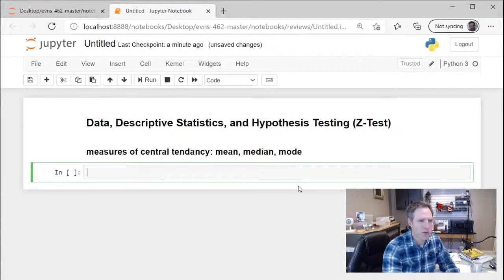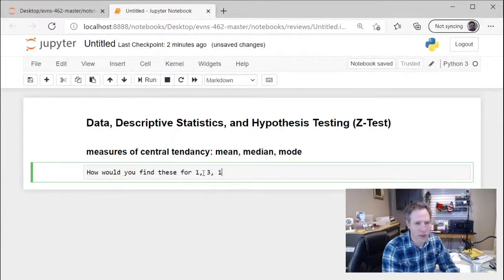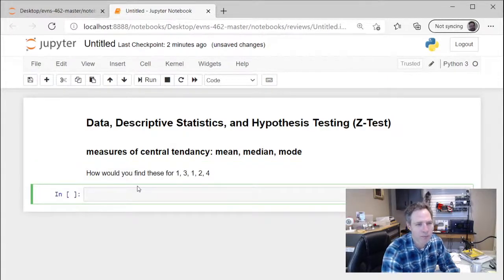Okay, so let's do an example here. Let's just make up some data. How would you find these measures of central tendency for the numbers 1, 3, 1, 2, and 4? You know, just made up data.